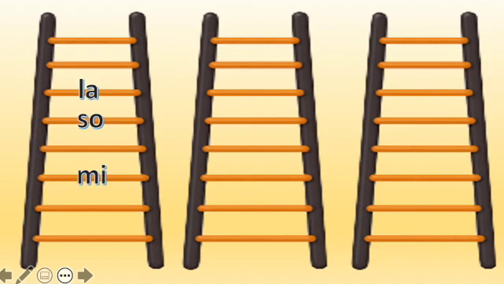And step 3 is called mi. So if I were to start my song again, it would start on so. So, la, so, mi, so, so, la, la, so, mi.